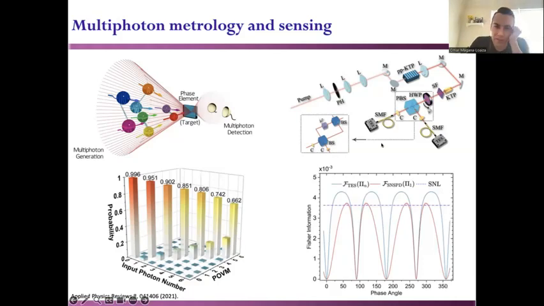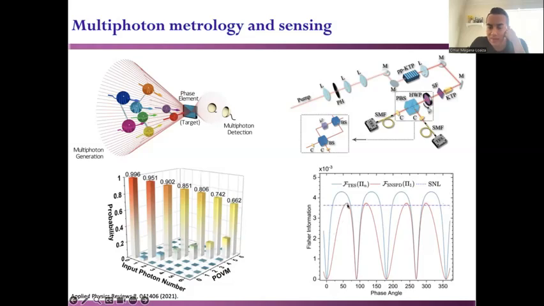And to see an advantage of multi-photon systems, we have this Fisher information that is telling us how well we can characterize this phase object. When you use only click detection, you can barely surpass the quantum limit that is indicated by this purple line.